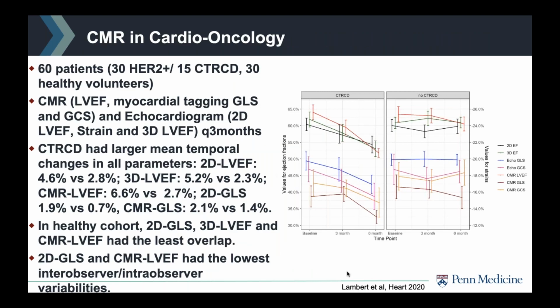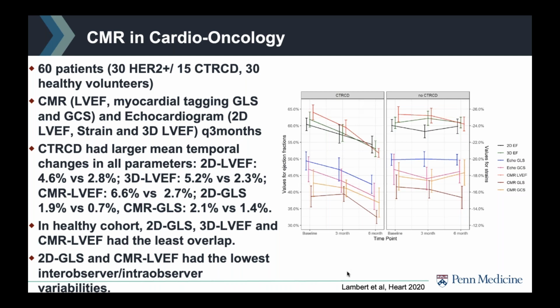Some of the papers that use CMR in cardio-oncology patients: this one was published in 2020. They had 60 patients, 30 HER2 positive cancer patients, 15 of which had CTRCD, and 30 healthy volunteers. They did CMR and echocardiography every 3 months in that population. Obviously the CTRCD cohort had the larger mean temporal changes in all parameters.